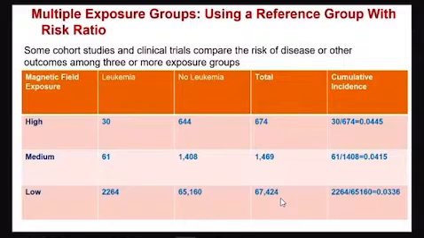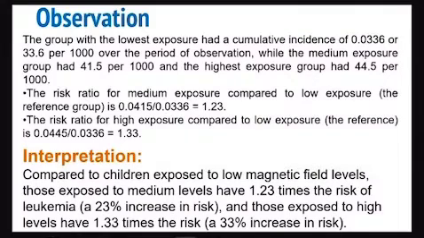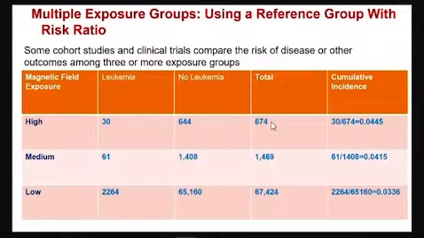Do you know that out of the 674 that were exposed to high, it's only 30 that actually had leukemia, and 644 do not. I want to believe you understand this table, right?